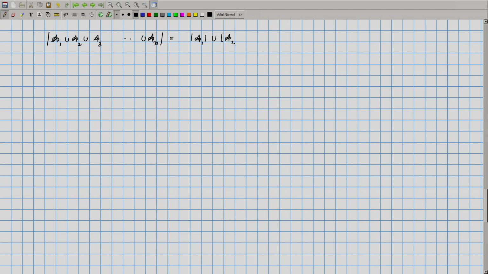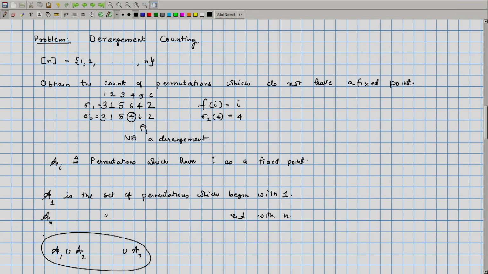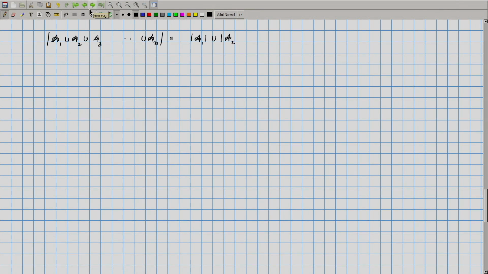Here, when we are discussing the size of the unions, we need not really think of these A_i's as subsets of permutations, but you can think of it as any collection of sets A1 to A_n. So, A1 union A2 union A_n, this is going to be an overcount.